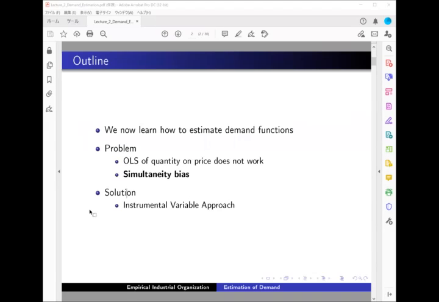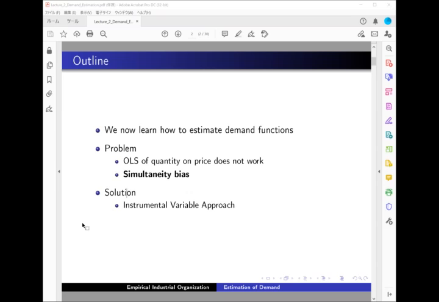All right. Back in the first year introductory economics course, you learned how demand and supply determine the price in equilibrium in a perfectly competitive market. Today, we take this demand theory to the data and try to estimate the slope of the demand curve.